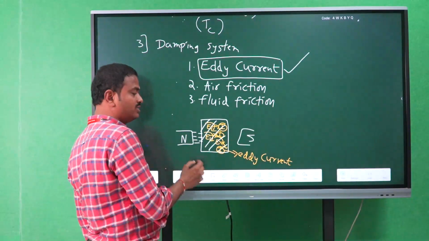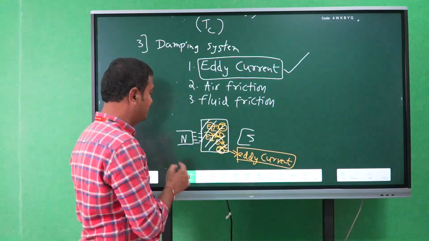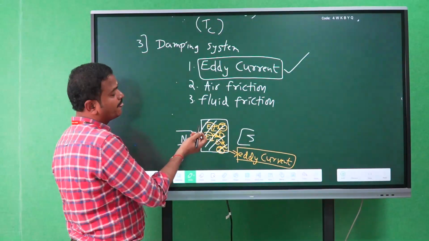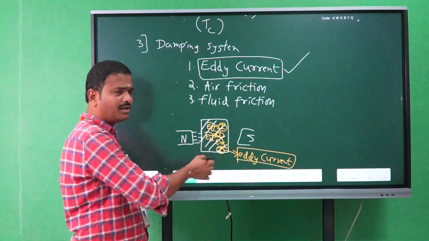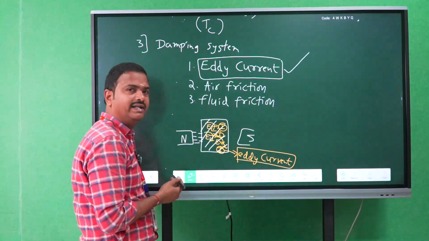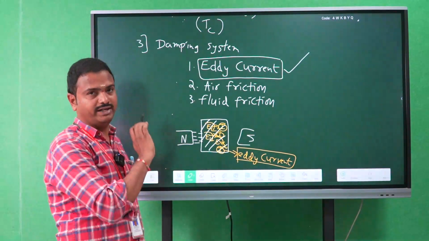Okay, here we are utilizing the direction of these eddy currents. According to Faraday's law, EMFs are produced on the aluminum disc, and small currents are flowing on the aluminum plate, right? So the direction of these eddy currents will be exactly opposite to the movement.